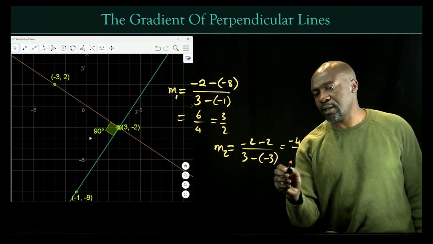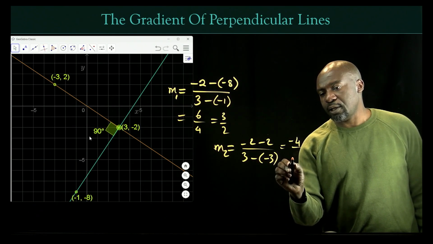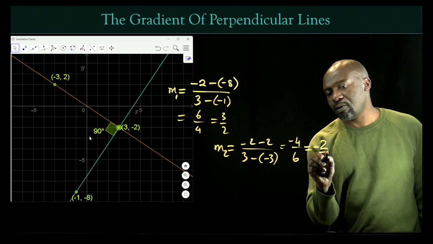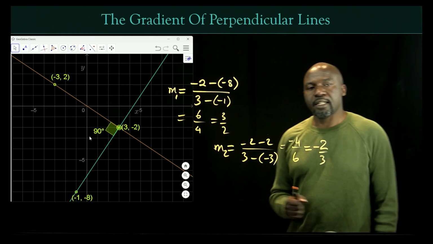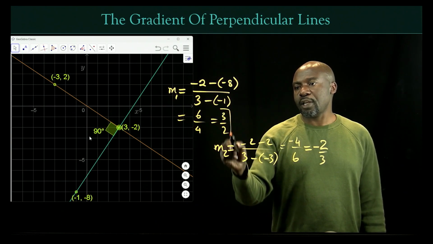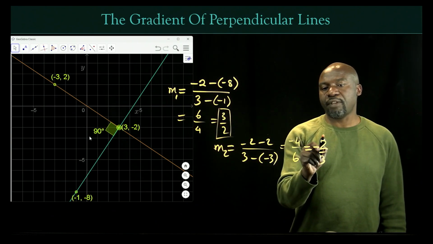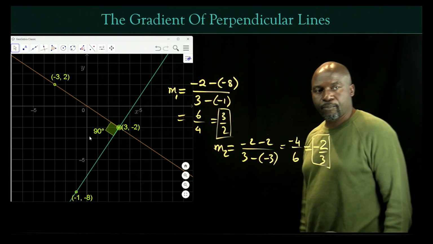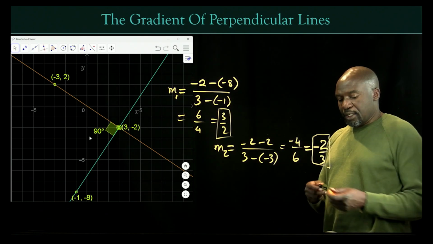So this is +6, which is the same as -2 over 3. So the gradient of one of them is 3 over 2 here, and the gradient of the second one is -2 over 3.